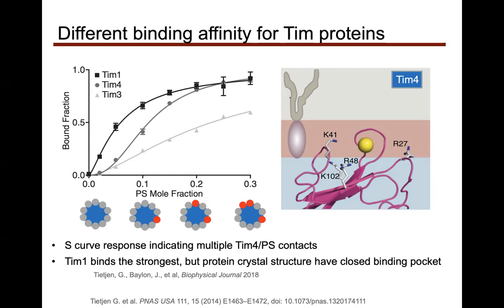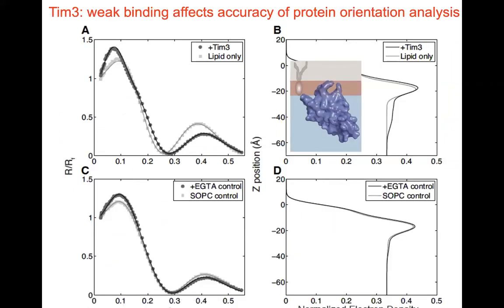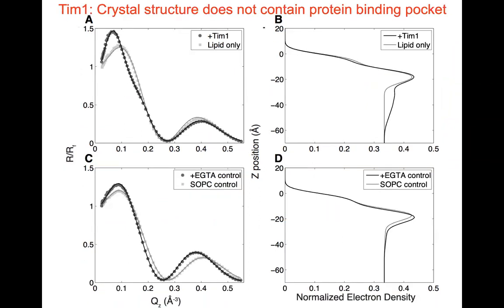And you can fit the sigmoidal curve, and they have different numbers for the Hill coefficient than you obtain from TIM4. But the issue is that TIM3 in this particular case binds so weakly that it makes it very difficult to produce a similar type of accuracy when we do the same X-ray reflectivity measurements and rotation on the surface.